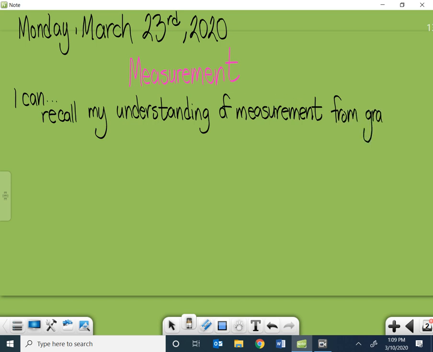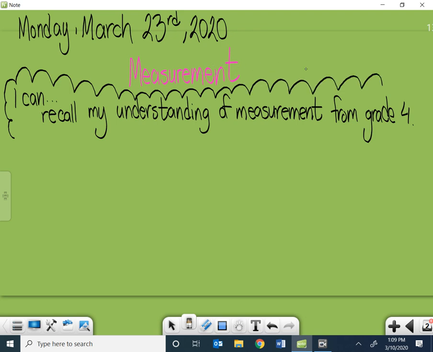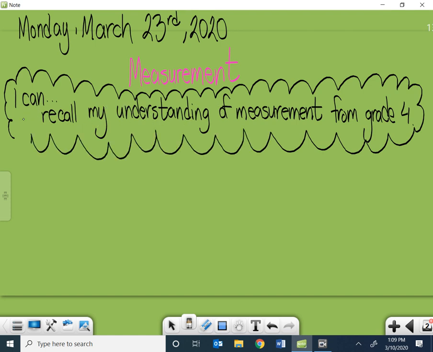Now, hopefully you remember most, if not all of this, and if you don't, that's also okay. Don't panic. That just means you need to make sure you're reviewing everything I write down today. Make sure you understand everything we discussed today before we move on tomorrow to officially building on this foundation of measurement that you've already attained in the previous years.